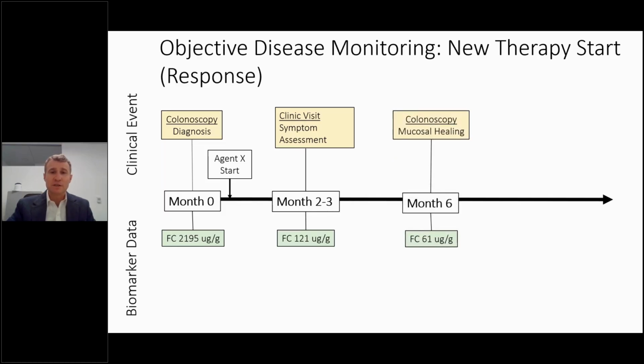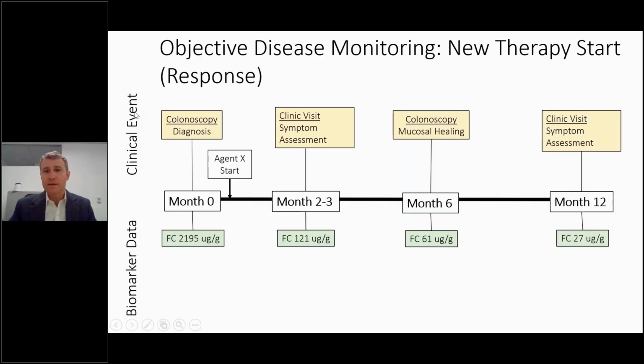I then shift into my gold standard mucosal healing assessment, which is obtaining a colonoscopy 6 months after the start of that therapy. And again, I re-benchmark my fecal calprotectin at that examination to make sure I have a good correlation with that test.